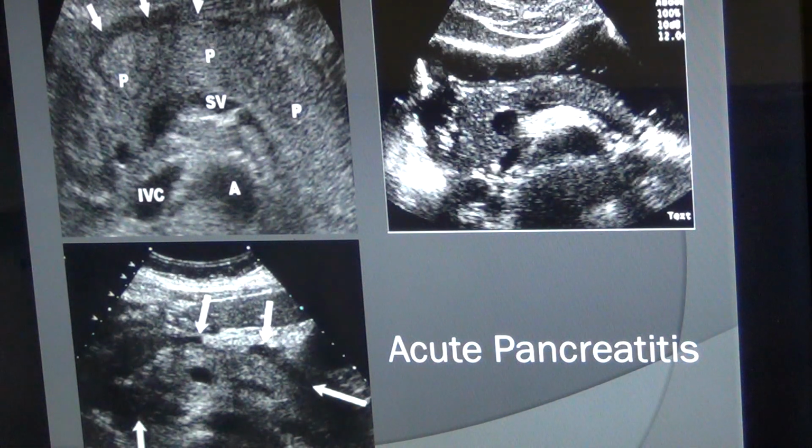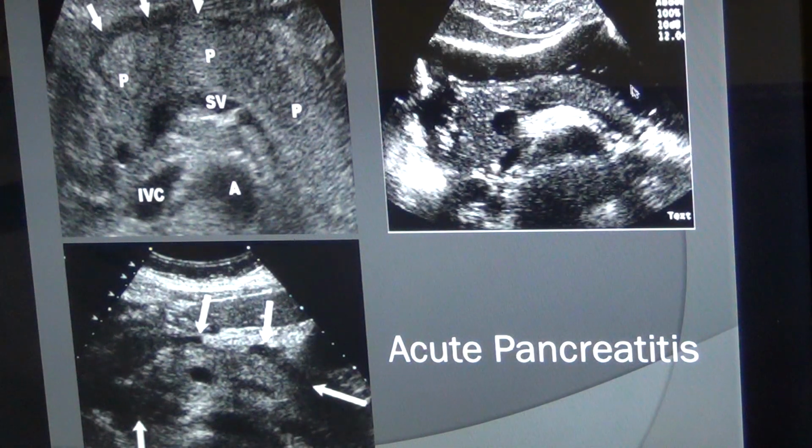Another way, most of the time acute pancreatitis is due to a stone in the gallbladder or a stone in the common bile duct that obstructs the common duct at the ampulla of Vater or sphincter of Oddi. So it can cause acute pancreatitis.